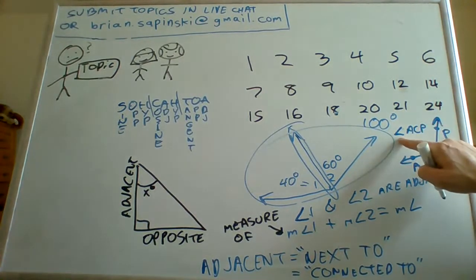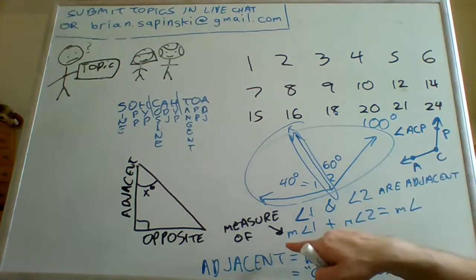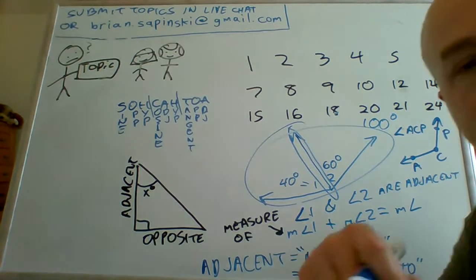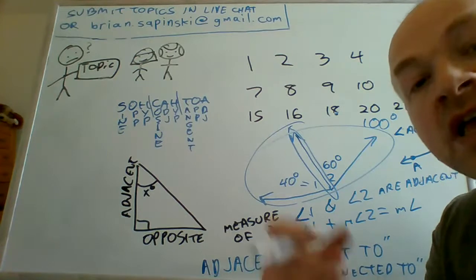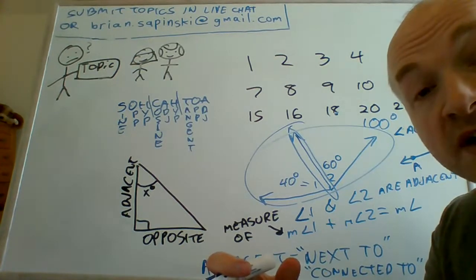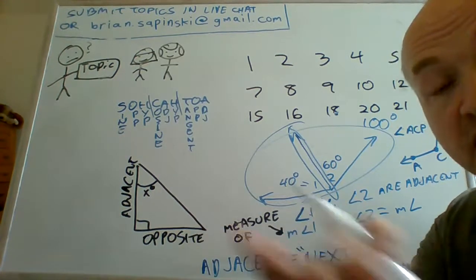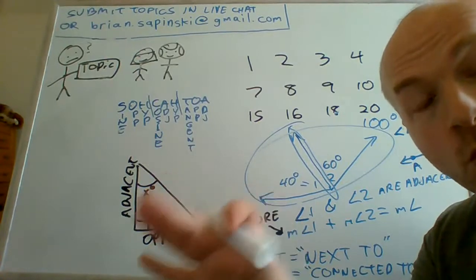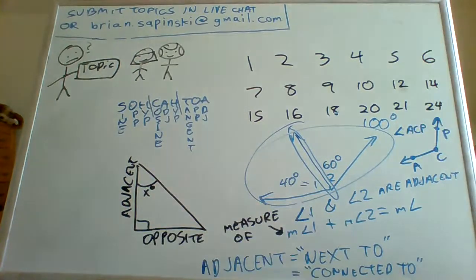So that's the symbol that's used to represent the angle itself. When you put the letter M in front of it, that means that now instead of naming the angle, you're trying to say exactly how many degrees wide is that angle supposed to be?